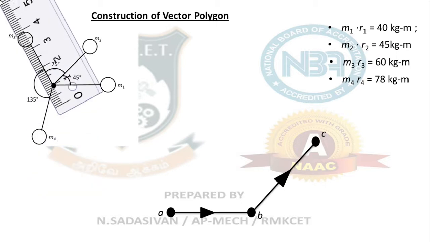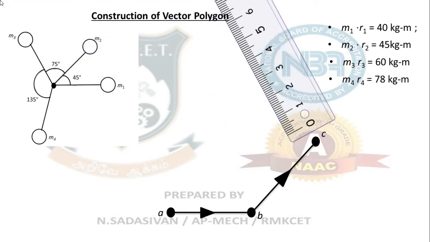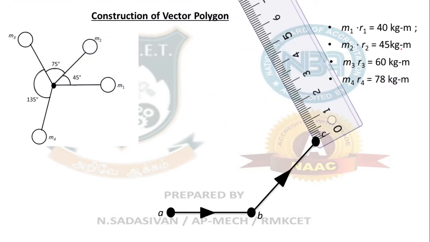Put your scale like this and bring it to point C. Okay. So what is the magnitude of the force? 60, kg m3r3. Okay. So mark 60 here. Clear? Now draw the line. What is the arrow mark direction? Same direction. You can look at this angular position diagram.